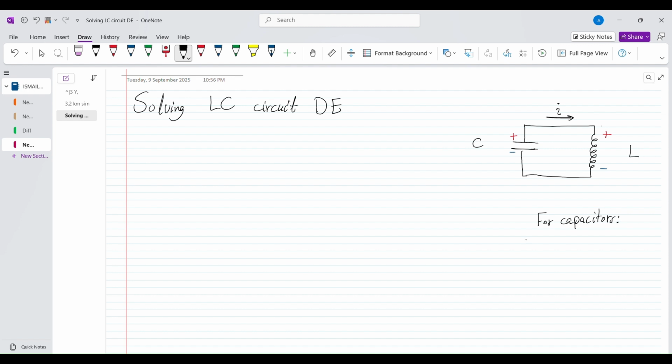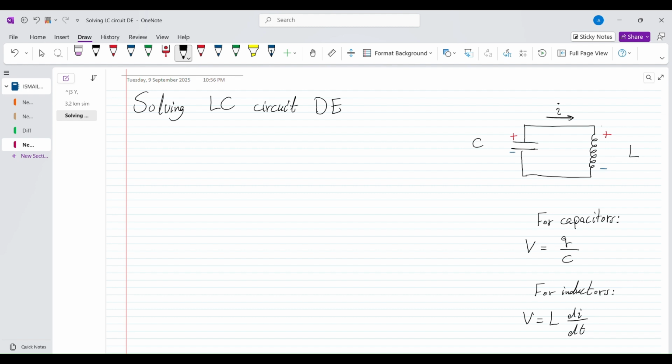We know that the voltage, or the potential difference, between the two plates of the capacitor is equal to Q, the charge of the capacitor, over the capacitance C. And for inductors, the potential difference V is equal to L di over dt, where L is the inductance, a property of the coil, and i is the current.